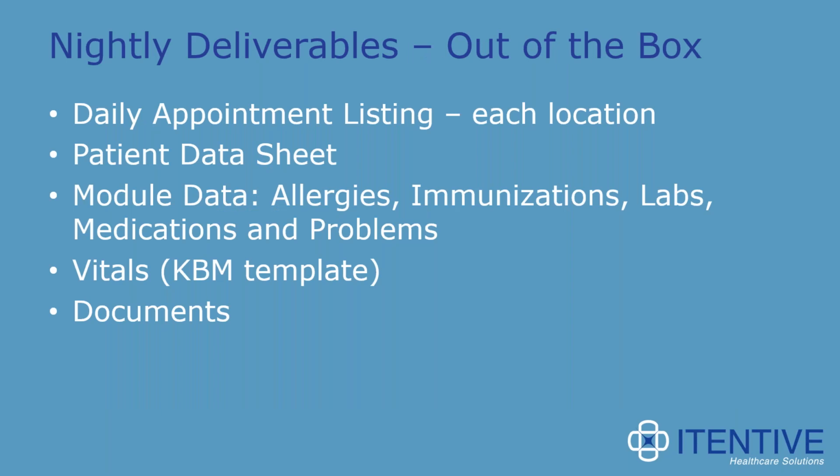Okay, out of the box, we normally start with a base configuration, and then once the clinicians review it, we can tune it from there. So each site gets an appointment listing. So they'll get a PDF file of their appointments, which contains summary data from the NextGen appointment book, so you know who's coming in and when. So that'll be delivered to each NextGen location that's set up in ChartGuard.